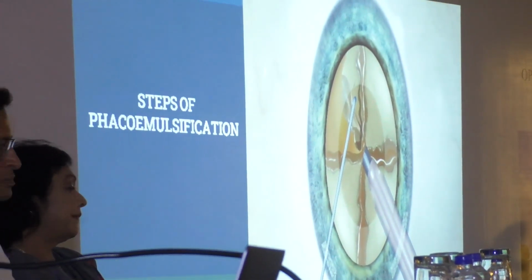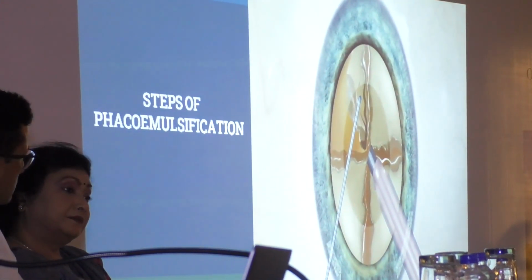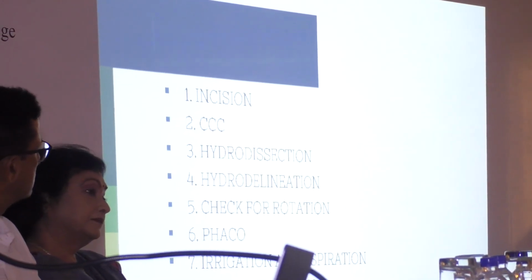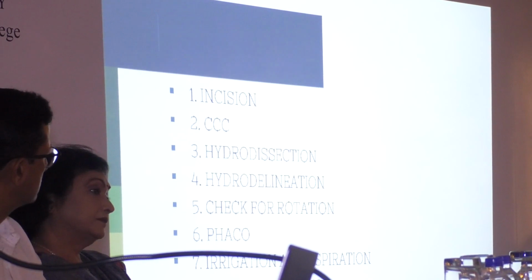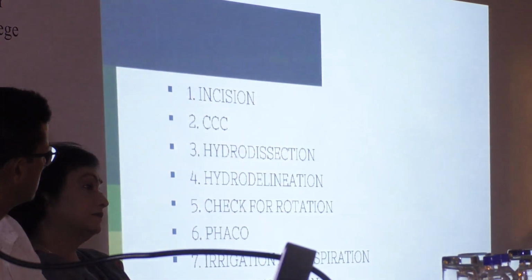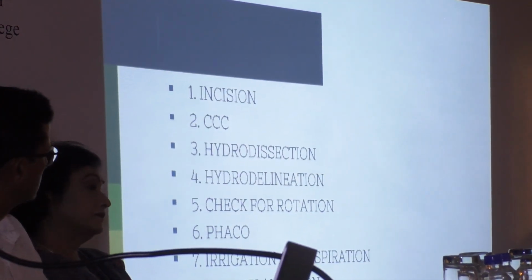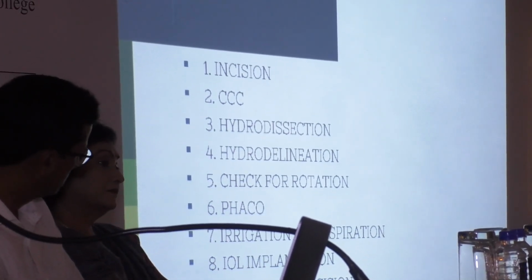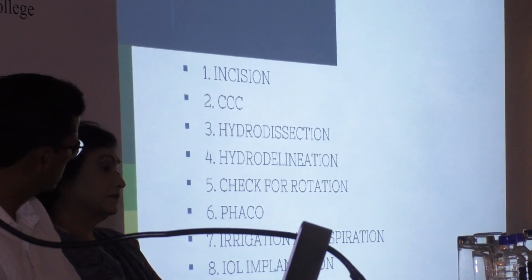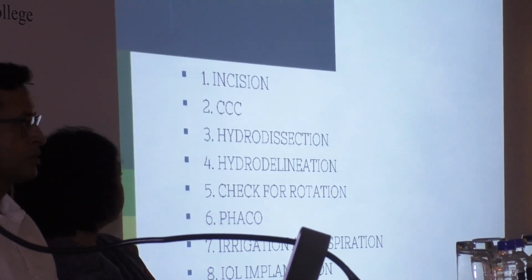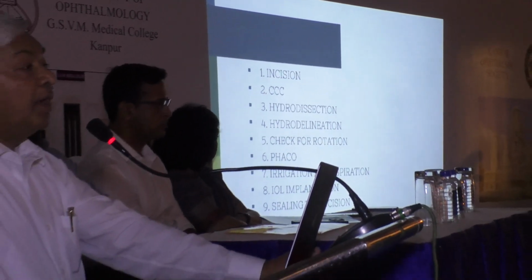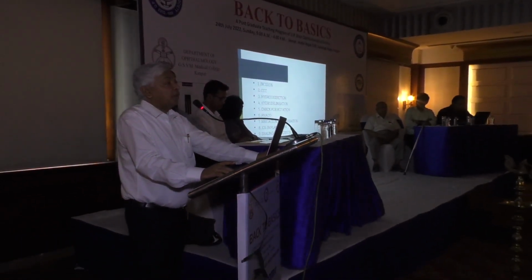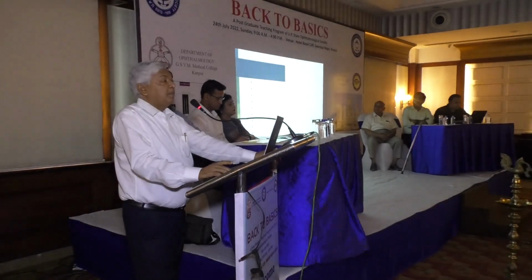There are various advancements in each and every step of phaco surgery. These are the various steps the PG should learn and proceed accordingly, step by step, and each step has its own importance. Now, if we discuss the incision, it is again a very, very important part. If we make a proper, good construction of the cataract incision, then the fluidics can be maintained.